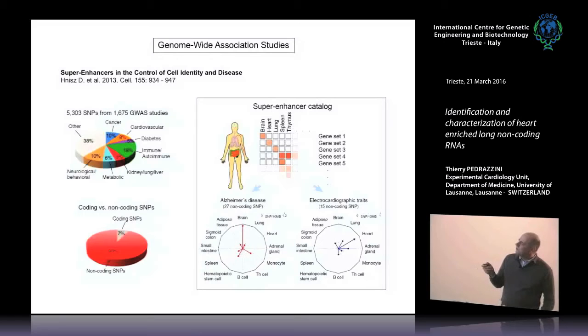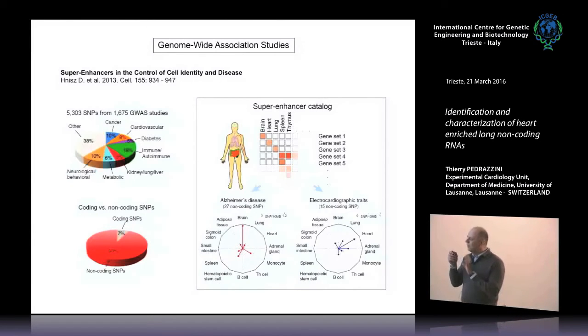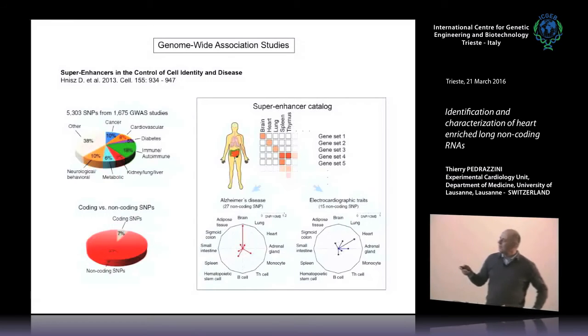But more importantly, if you consider now the disease and the SNPs that are associated to disease, they are located in enhancers and super enhancers that are active only in the tissue of interest.